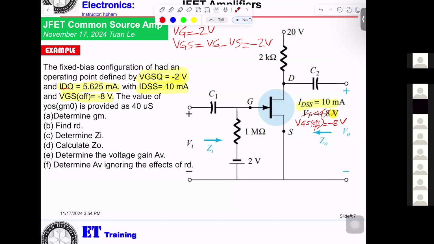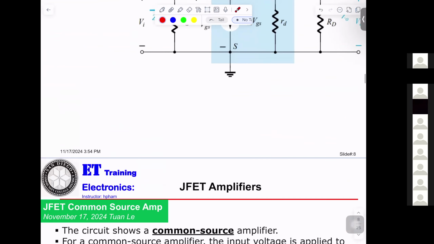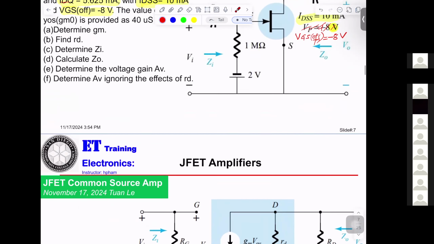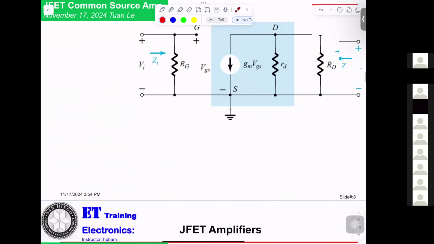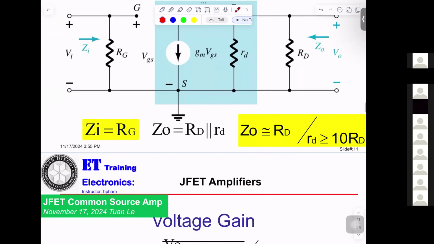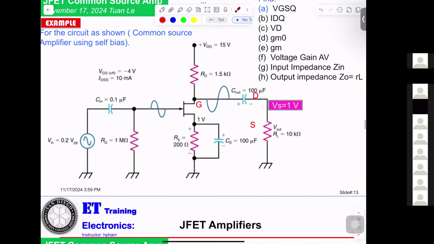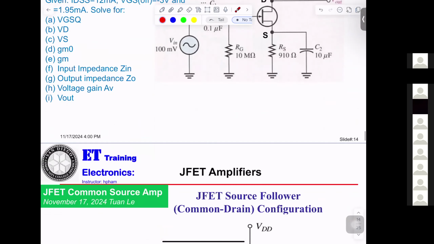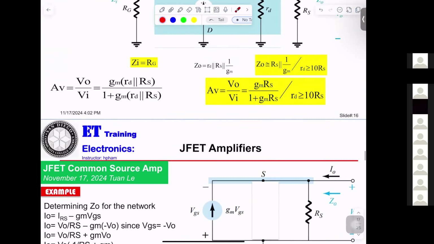Now, they want to know gm, transconductance. Let's see, do I have a formula or not? I try to get the formula for gm. The formula is on last week's handout also.